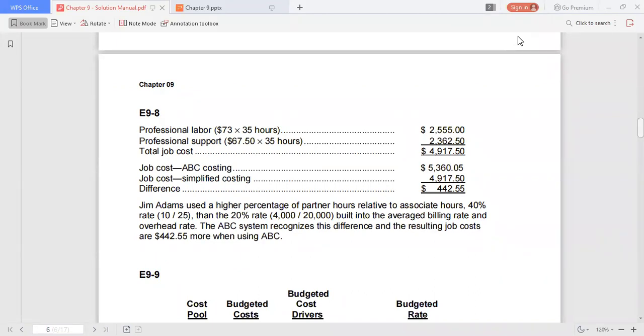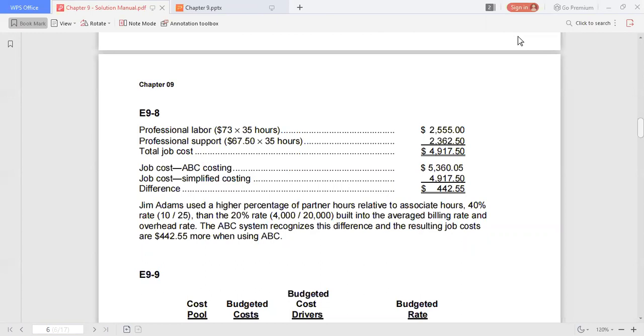Now in E9-8, if we use the simplified costing system, we have now $73 per hour and you multiply it by 35 hours because the average wage rate for professional labor was $73 per hour and the overhead rate for professional support was $67.50. Both are based on professional labor.